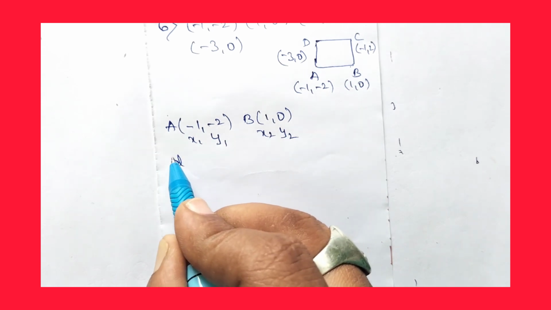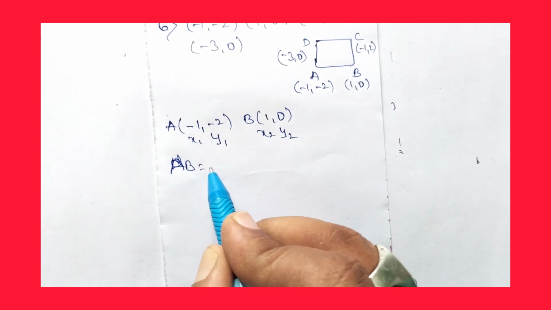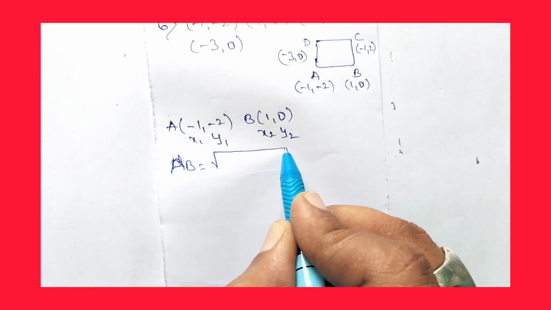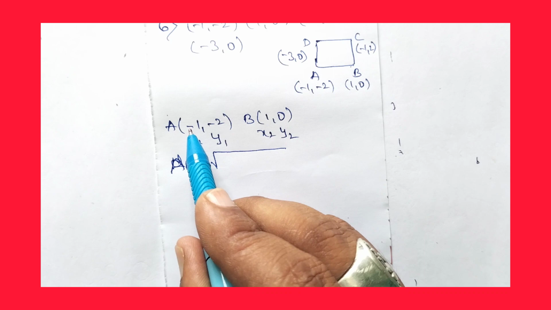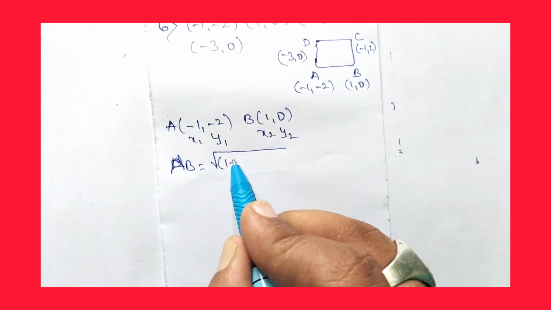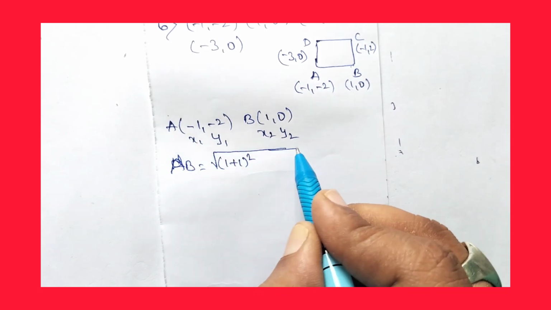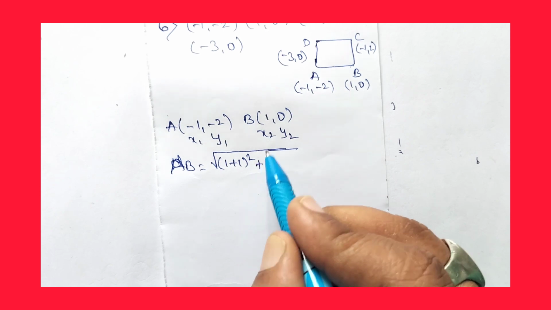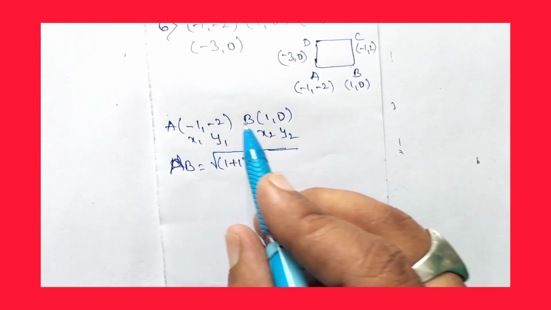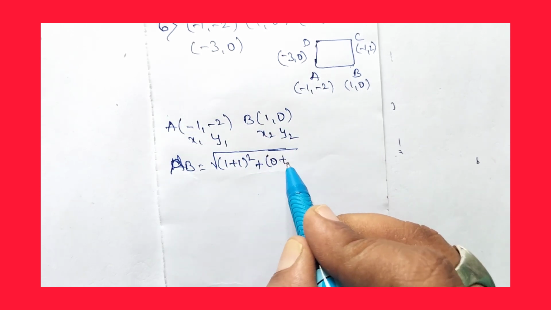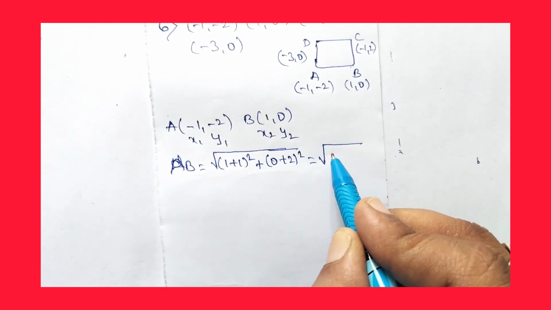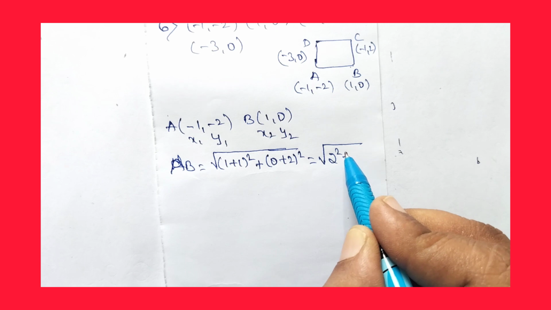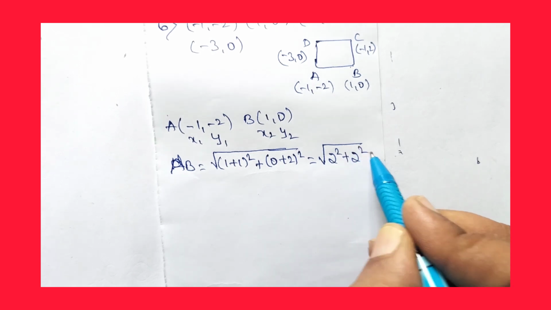So AB, I will write this one. D is equal to the square root of 1 minus minus 1, that is 1 plus 1, whole square, plus 0 minus minus 2, that is 0 plus 2, whole square, is equal to the square root of 1 plus 1 is 2, 2 square, 0 plus 2 is 2, 2 square.